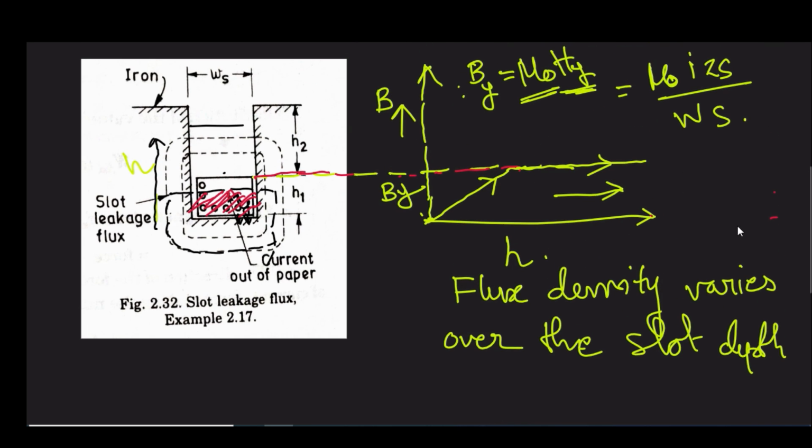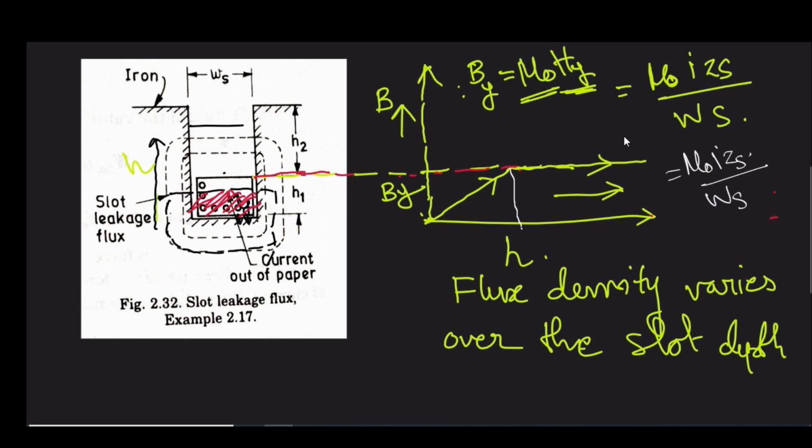So here you can see why we are having this expression. Now what we can write more is mu naught Izs by Ws, and this one we can say is y.